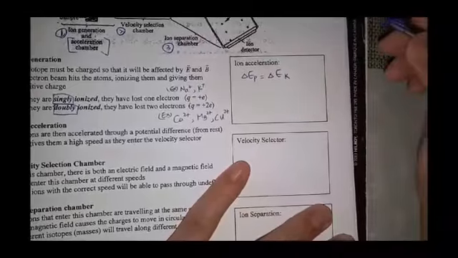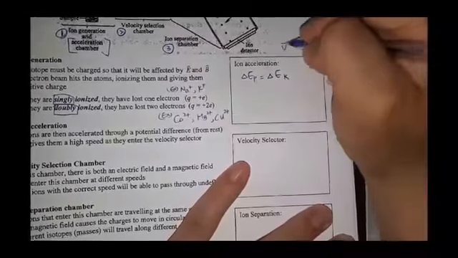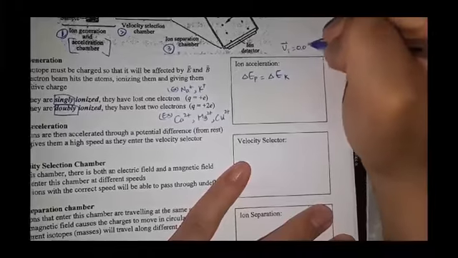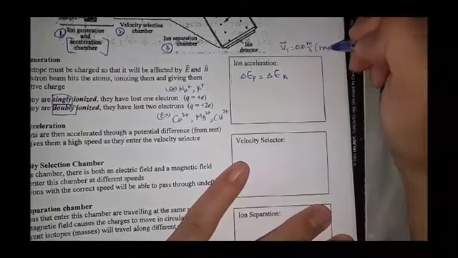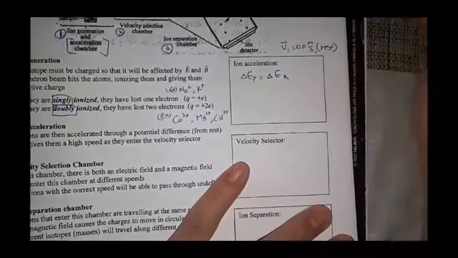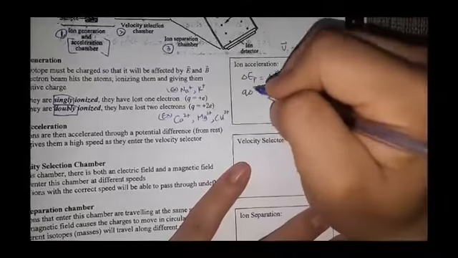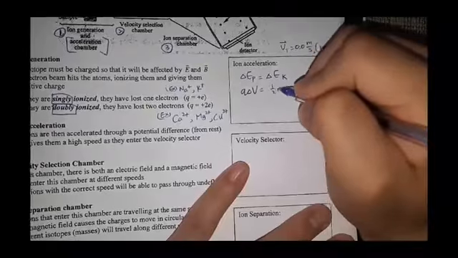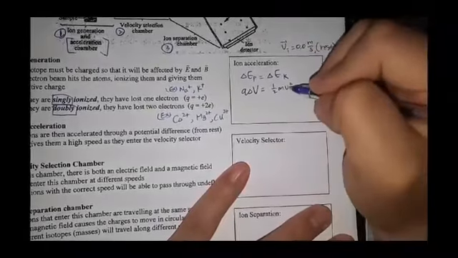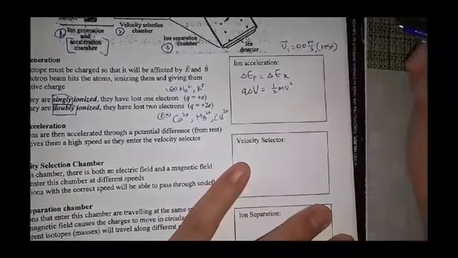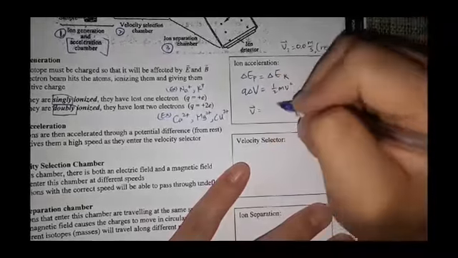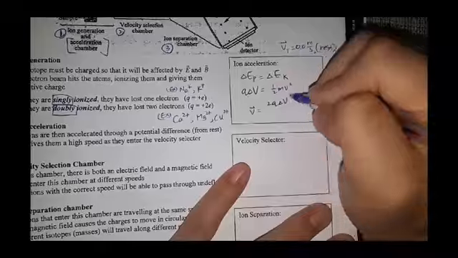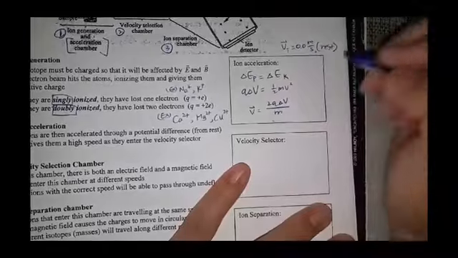Assuming the initial velocity was 0.0 meters per second, at rest initially, then we can set QΔV equal to 1/2 mv², and this v will be my final speed. If I isolate for v, it is the square root of 2QΔV over m.